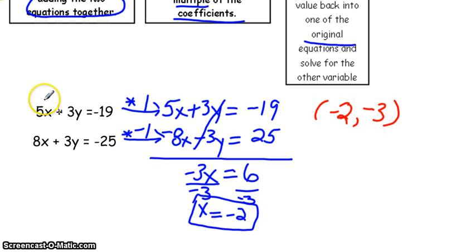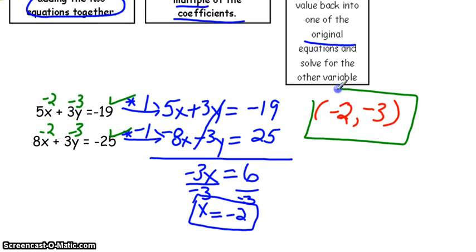If I put negative 2 in for x and negative 3 in for y, do I get negative 19? The answer is yes. If I put negative 2 in for x and negative 3 in for y in the second equation, I get negative 16 plus a negative 9 is negative 25. That checks. So negative 2, negative 3 is the solution to my system.